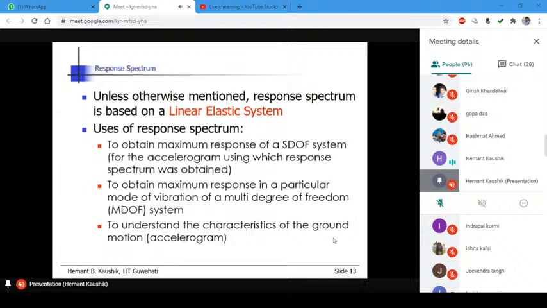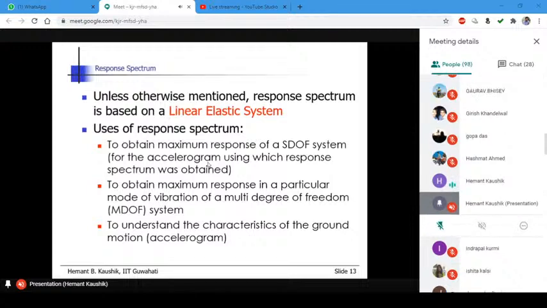But if you plot that response spectrum for a particular accelerogram for just one earthquake, this maximum response will correspond to that earthquake only. But if you develop an average response spectrum considering hundreds and thousands of ground motions, you can then say that this is the average maximum response of the structure.